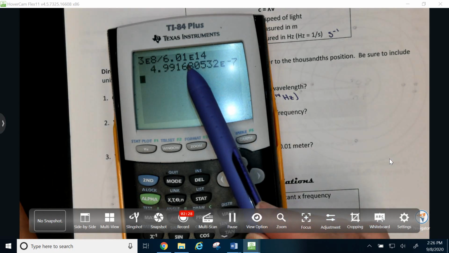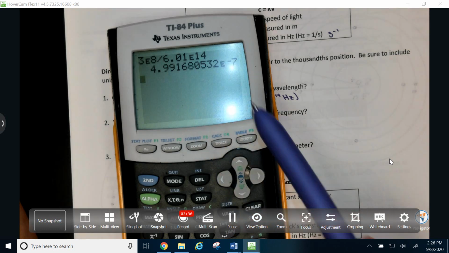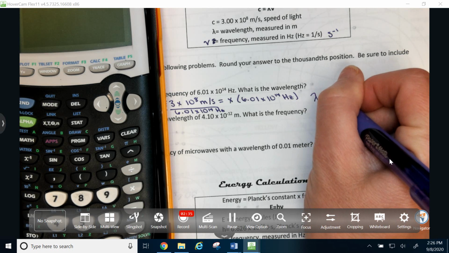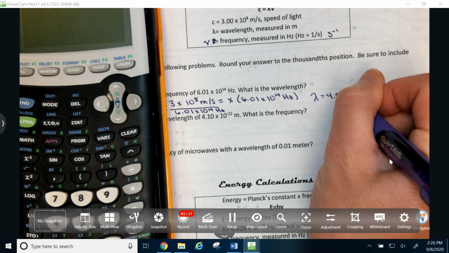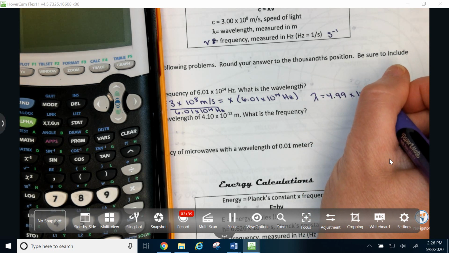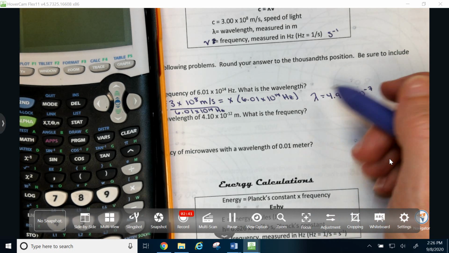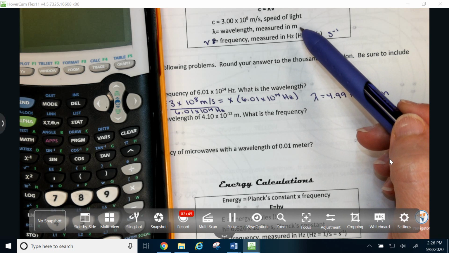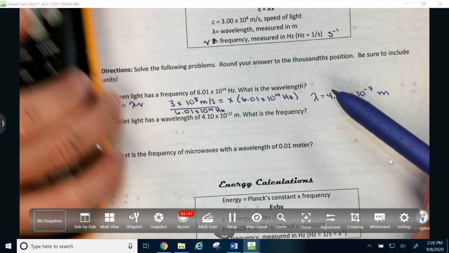We're going to have 3 sig figs because of the 6.01, so you should record your answer as the wavelength is 4.99 times 10 to the -7. And because that's wavelength, our unit is going to be meters. If you forget, just look back up here at the top. It tells you which units your answers are going to be in.